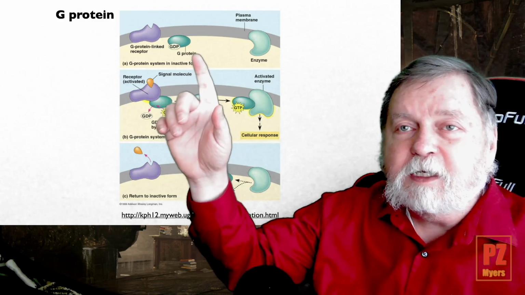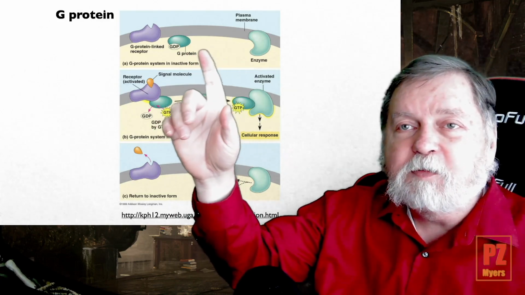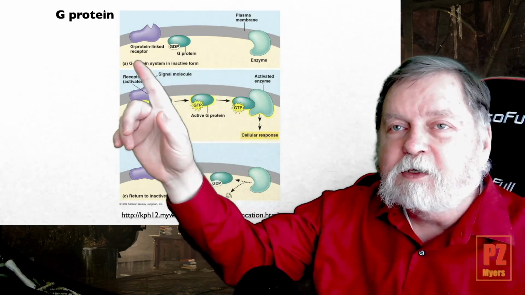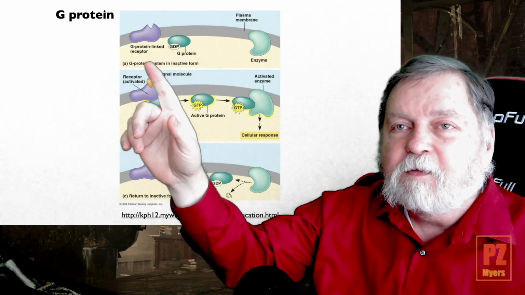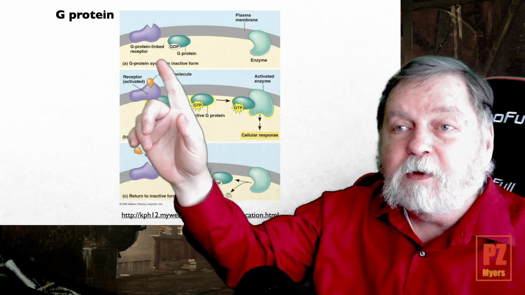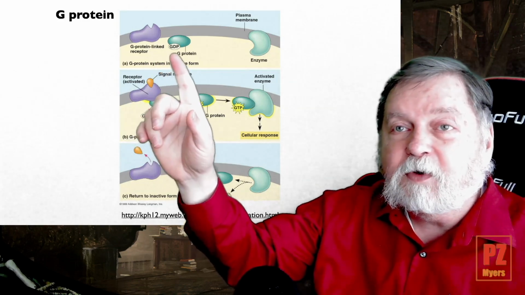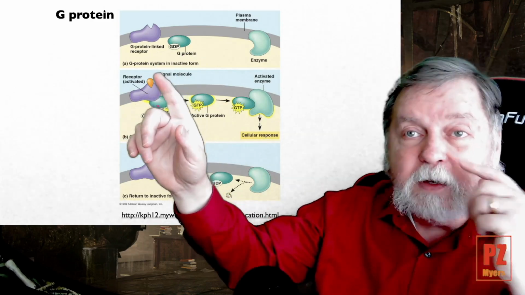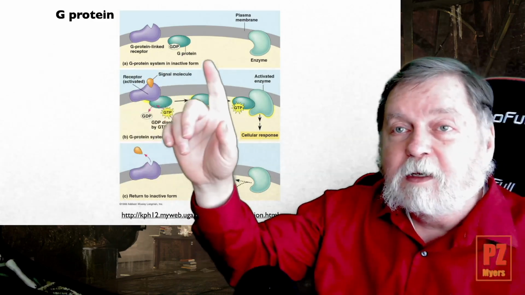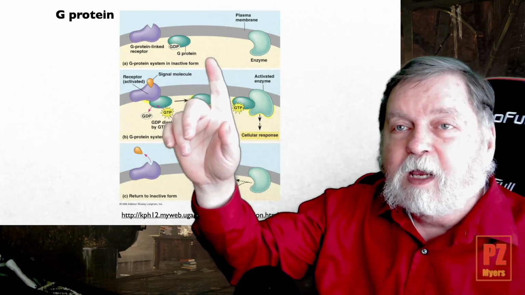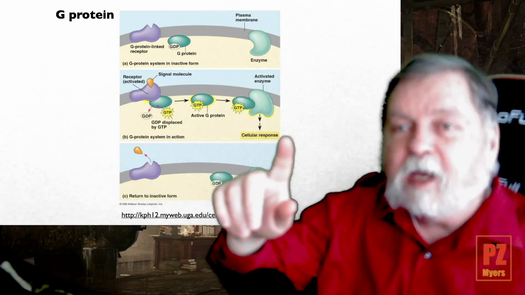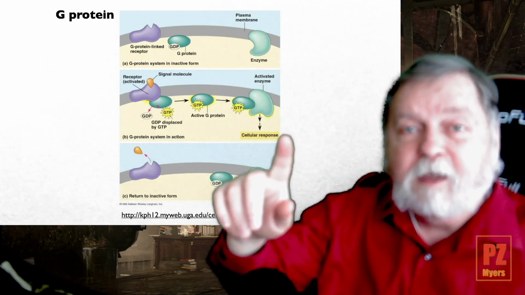So here what you can see, there's our G protein in kind of a teal color there, and over here we've got a G protein linked receptor. So G protein linked receptors are a particular class of receptor that when they bind something, what they do is they activate a G protein. And then the G protein shuttles around in the membrane and can go activate other enzymes.